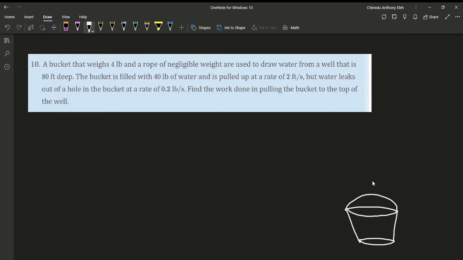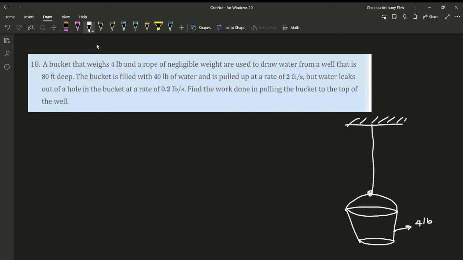It has a handle with a rope attached to it, and the rope is hanging up somewhere, where maybe someone or something is pulling it. The bucket itself is 4 pounds.